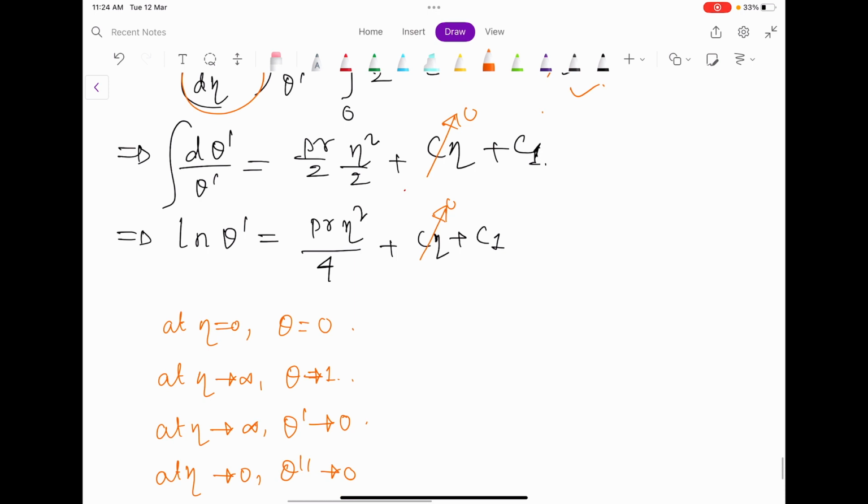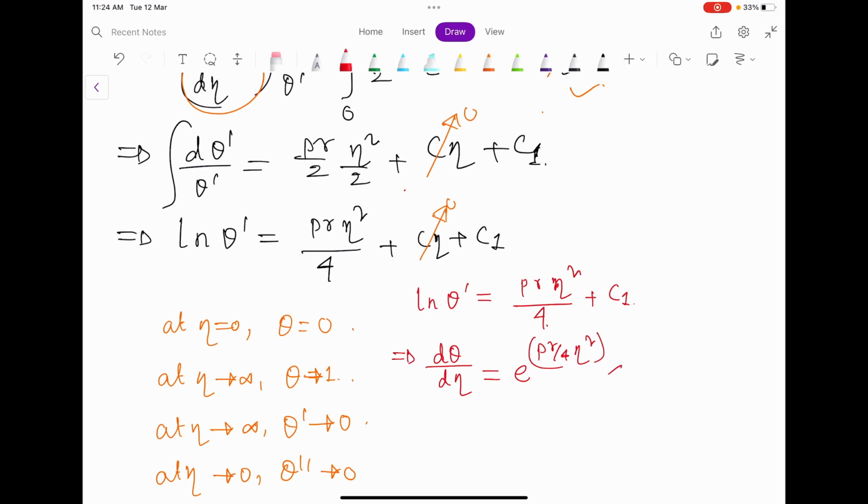So that means I am having the equation as ln theta dash is equal to Pr by 4 into eta square plus c1. So d theta d eta is equal to e to the power Pr by 4 eta square into some a, where this a is nothing but e to the power c1.